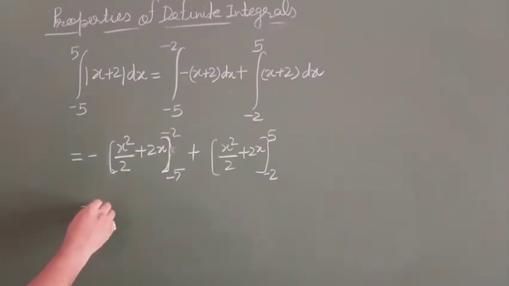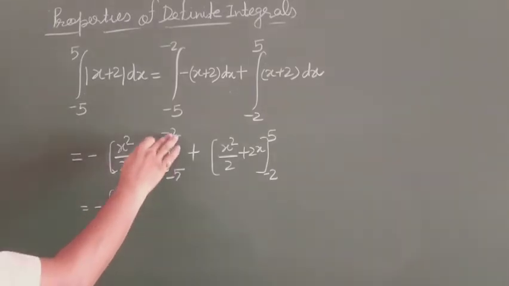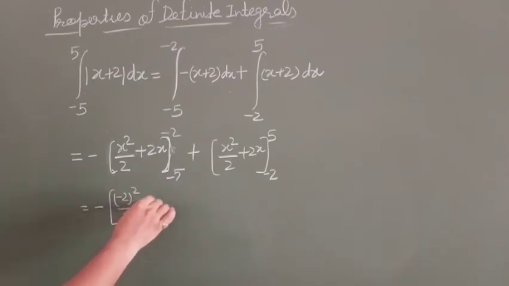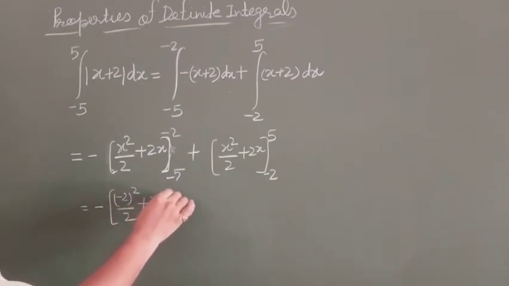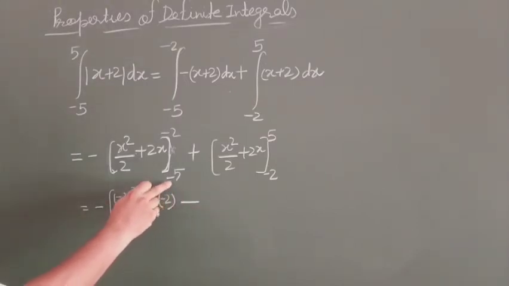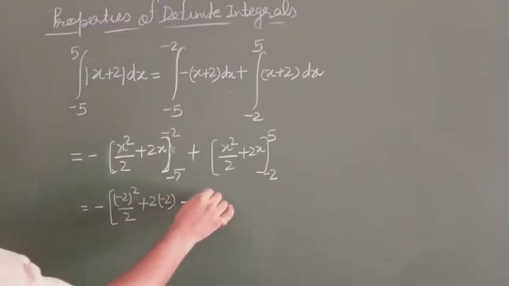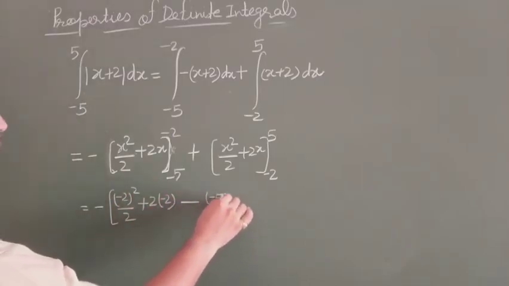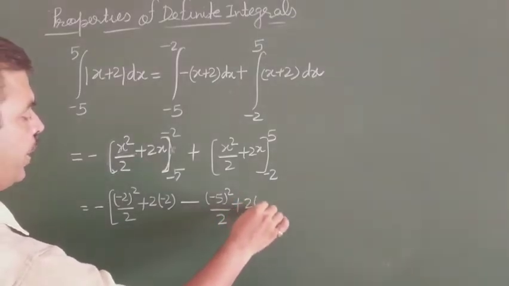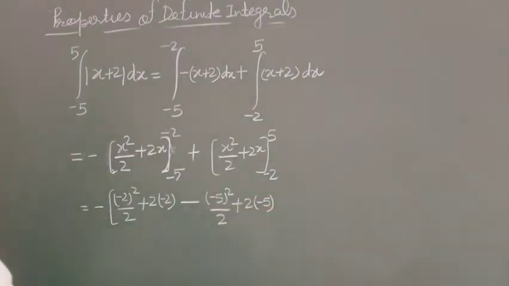So let us calculate minus. First put minus 2 here. So minus 2 square upon 2 plus 2 into minus 2. Then we have to put minus sign. Now we have to put lower limit, minus 5 square upon 2 plus 2 into minus 5.